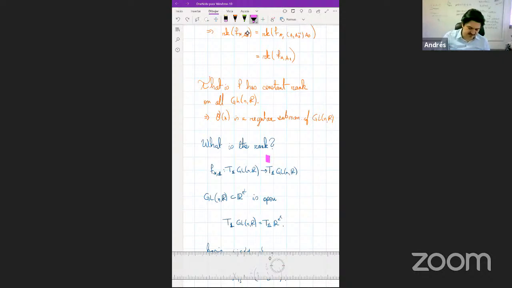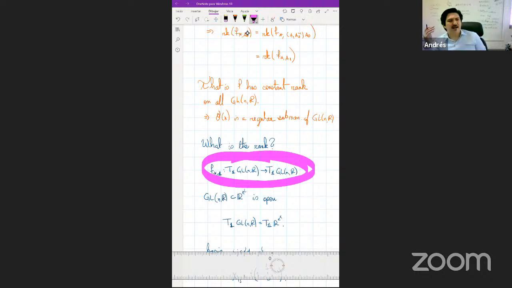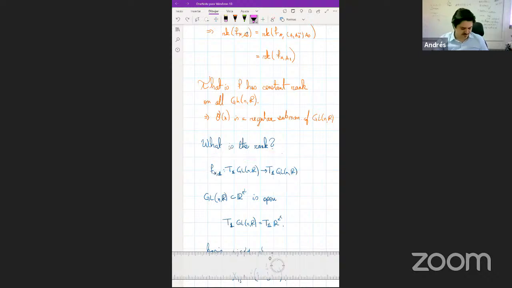So basically, what we are studying here, one way to compute the rank is to find the Jacobian of that matrix and compute the rank. That's one way of doing it. The way that I will do it is using the differential that we have used before. But in terms of multivariable calculus, I will take a curve.